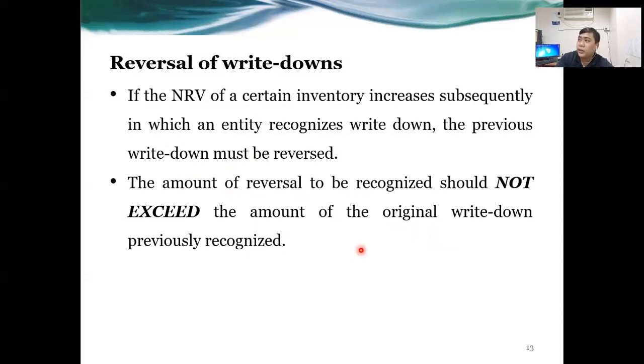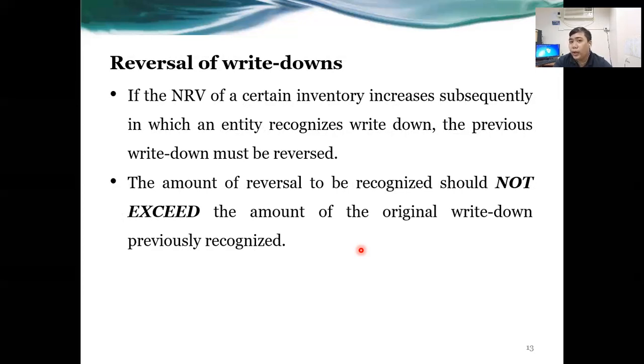There are some books nga medyo nag-conflict pagtanaw ko nag-conflict ang ining term na ang reversal should not exceed the amount of the original write-down. Okay? Ang natabo dapat kung nag-recognize ka sa write-down last year na piso, dapat yan da nga year hindi ka mag-recognize income which is more than piso.